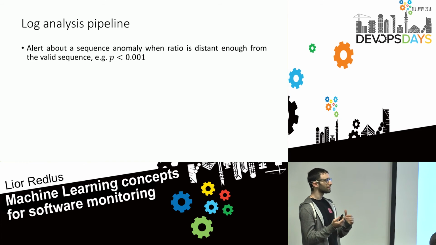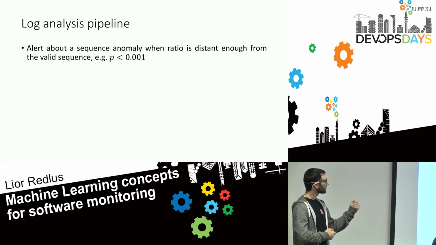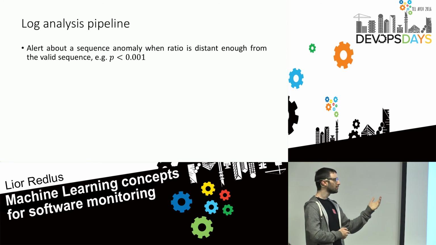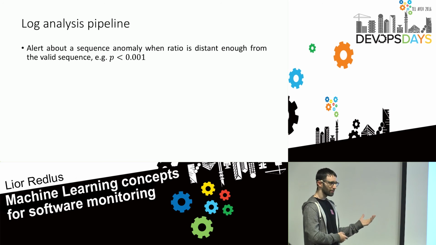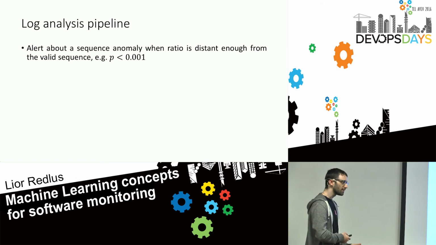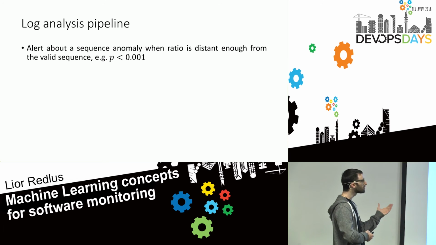When these sequences are now broken, we need to count how many times they are broken. And if these are broken by a certain ratio, and the p-value, the statistical significance of this, is high enough, then we will alert that there is an anomaly. Because no one is interested in a sequence that is broken once. It is probably just a network malfunction or something, or a different username, password that wasn't inserted right.